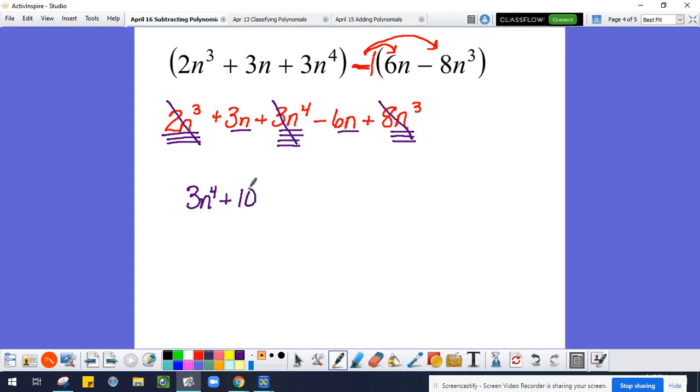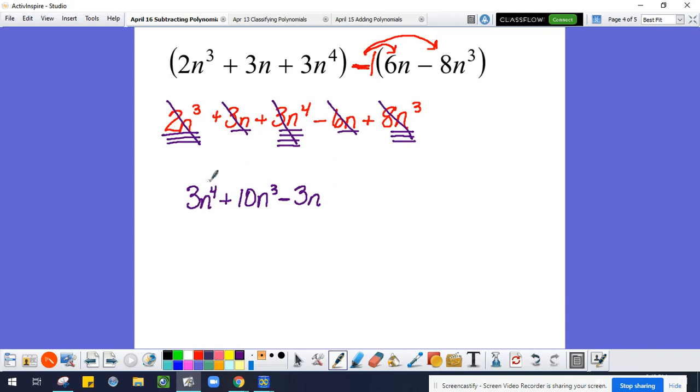That's positive 10n to the third power. I have 2 things to the first power, positive 3 and negative 6. Be careful. Adding positive 3 and negative 6 does not give you 9. It gives you negative 3n. If you do it that way, you will end up in standard form, highest exponent to lowest exponent.